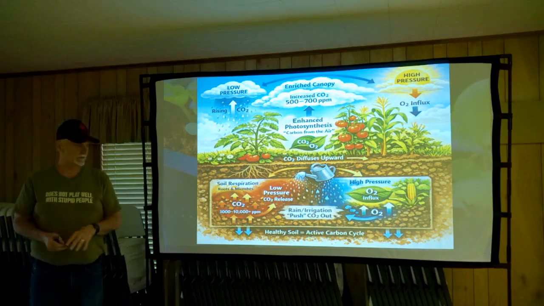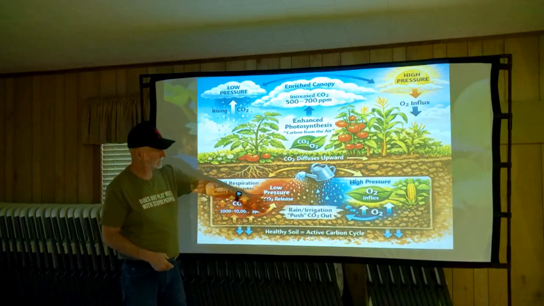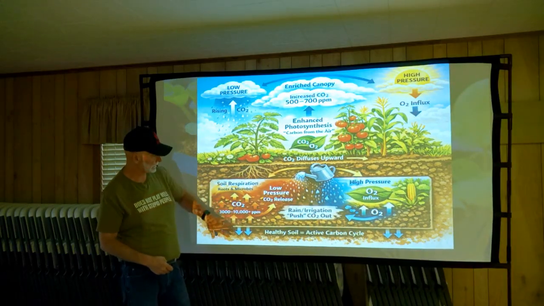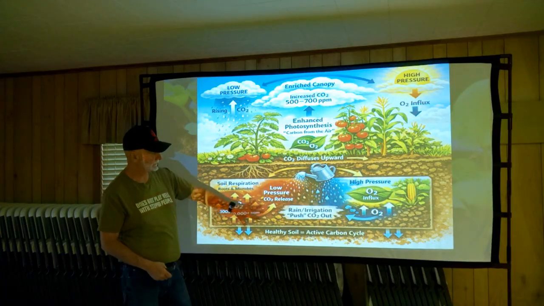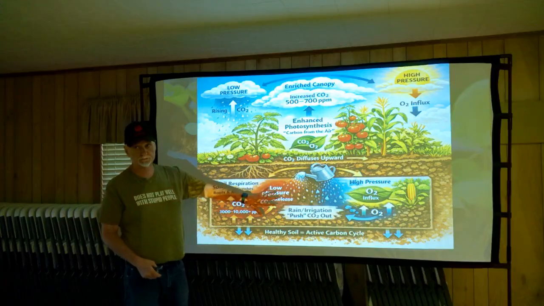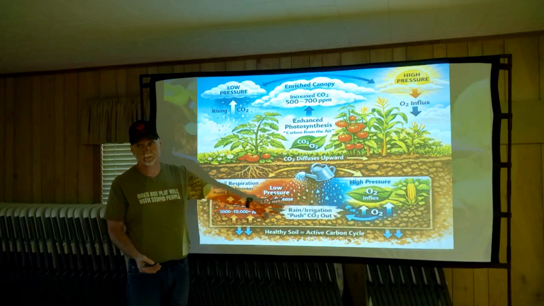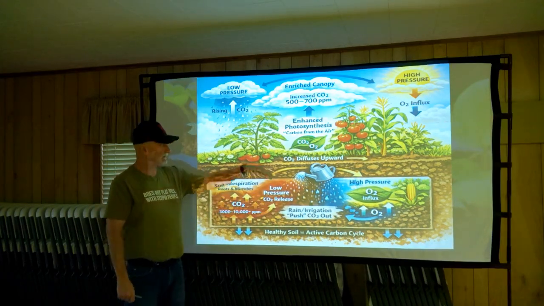What happens is CO2 is produced in the ground by organisms, and we'll have a little picture again in a minute. These organisms are producing 10,000 to 30,000 parts per million of CO2. CO2 is heavier than regular air, so it's going to settle down in here. So how does it get up here?